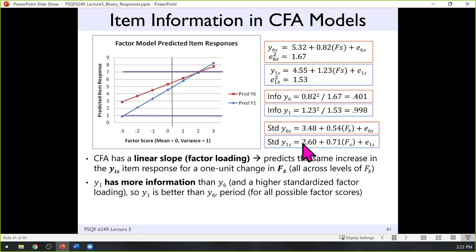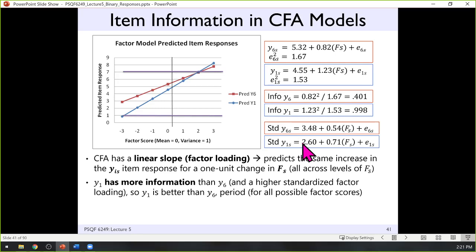So if I compare the plot that I just showed you, a CFA type plot, CFA is a linear model. There is a linear slope that connects the factor, the latent trait as the predictor, and how that factor predicts an item response on the y-axis. The analog are these curves that we've seen here in the context of binary items.